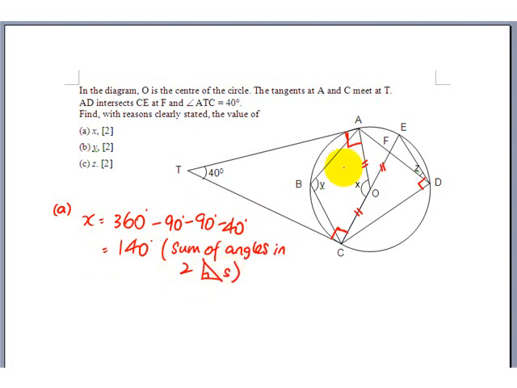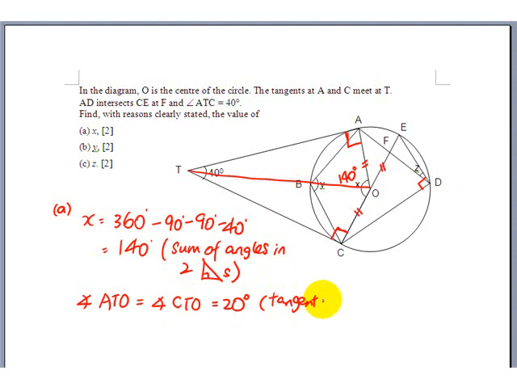This is one way of looking at this question. We'll update this angle here. Another way of looking at it, some of you might do this. Alright, you might tell me that angle ATO is equals to angle CTO, which is equals to 20 degrees. And the reason is because tangents from external point. That works as well.